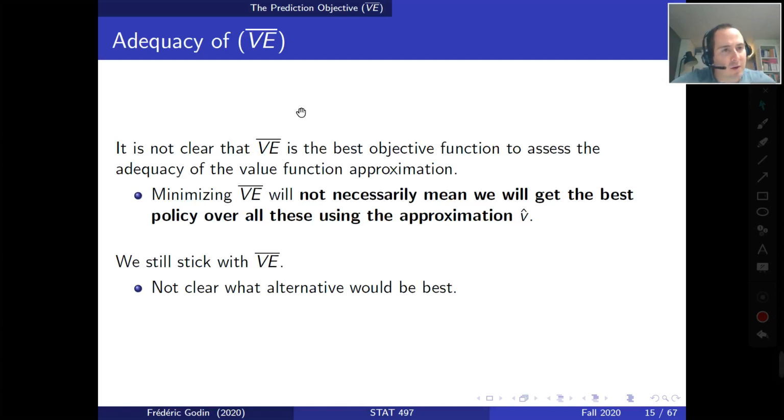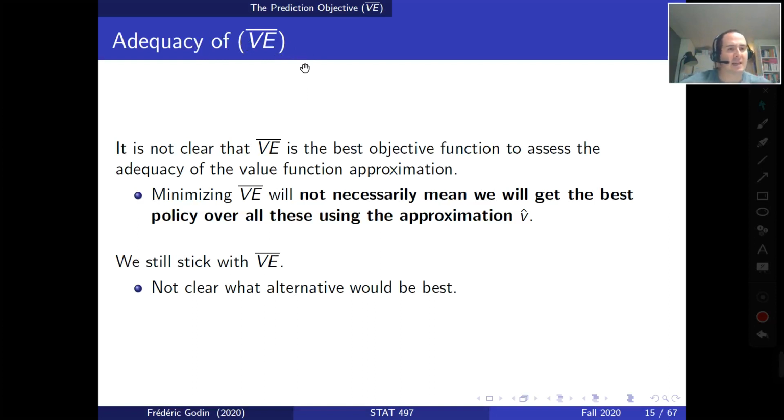But at the current stage of the science, it's not really clear what alternative would be best. So there might be research to do to determine suitable choices for this objective function VE bar, in what circumstances we should use it or not, and what would be better choices.